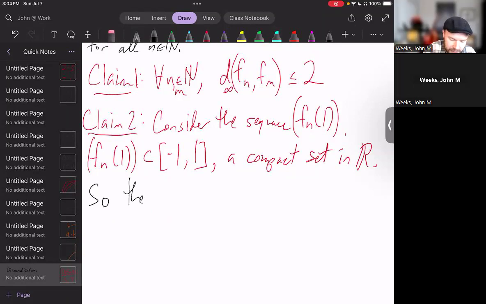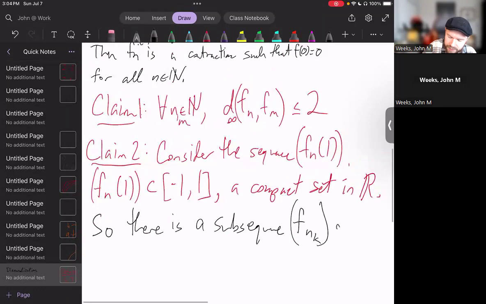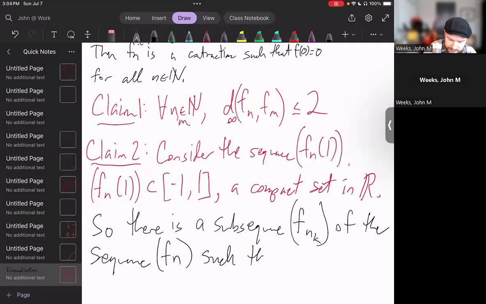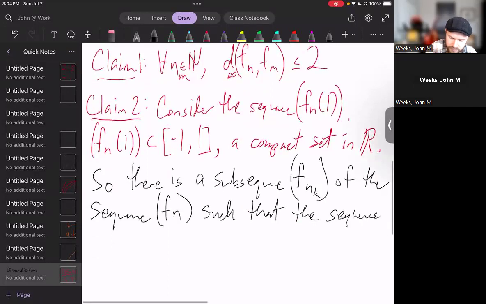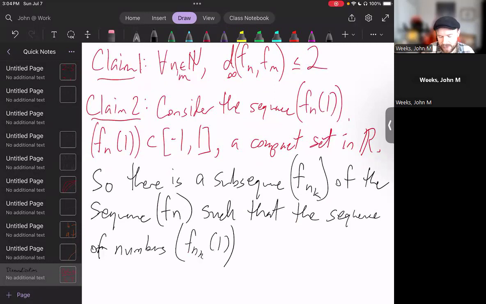So there is a subsequence, and we'll call it f sub nk, of the sequence f sub n, such that the sequence of numbers f sub nk of 1 converges.